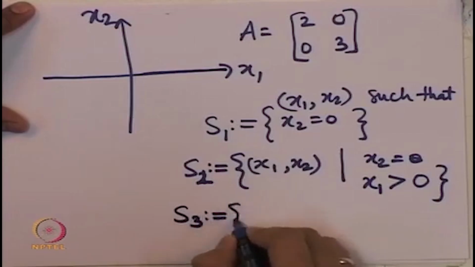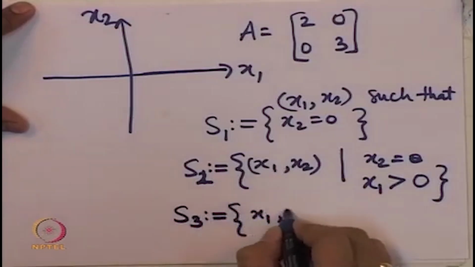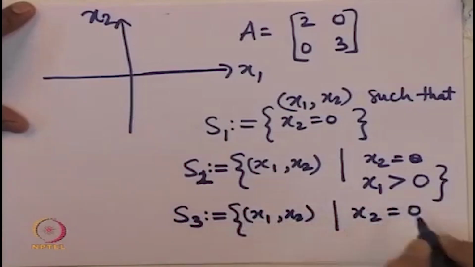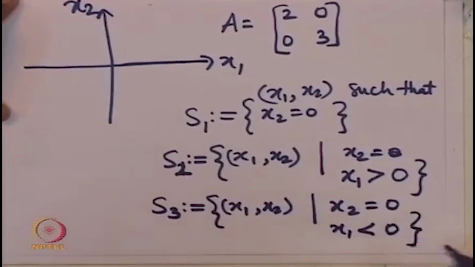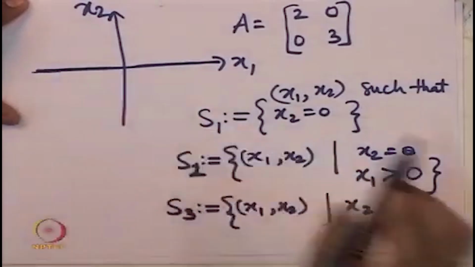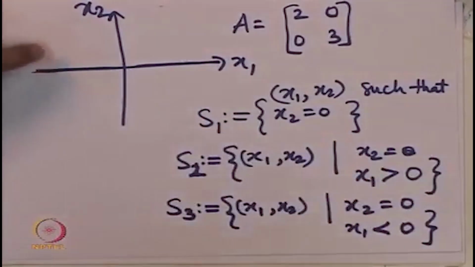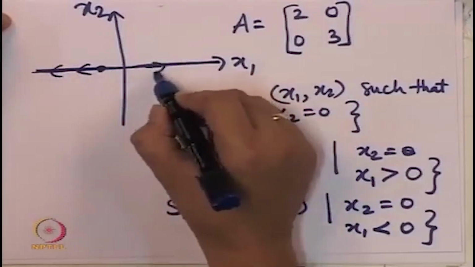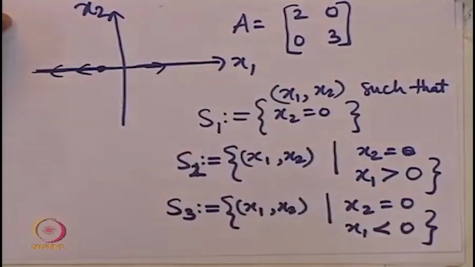Consider S3, which is the same x1 comma x2, except that now x1 is negative. This is another invariant set which corresponds to the negative x1 axis. If the point starts here, then it is going to always remain on the negative x1 direction.